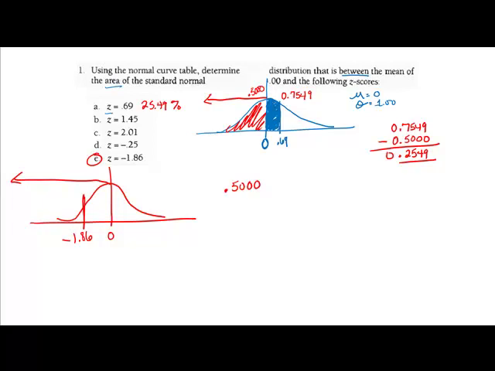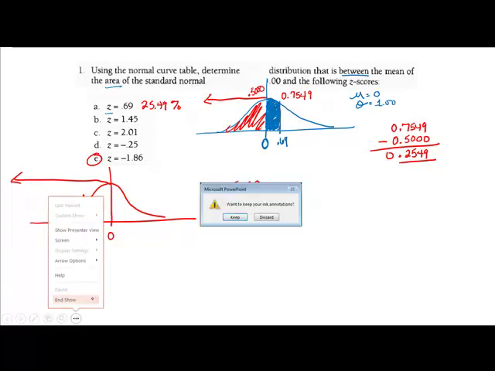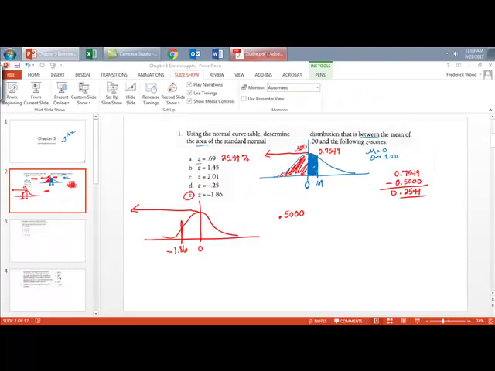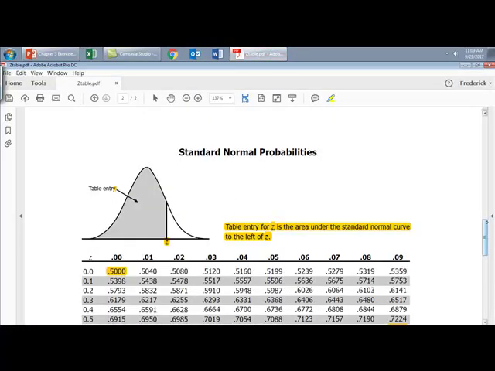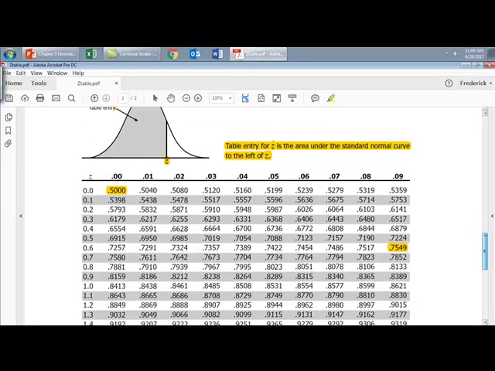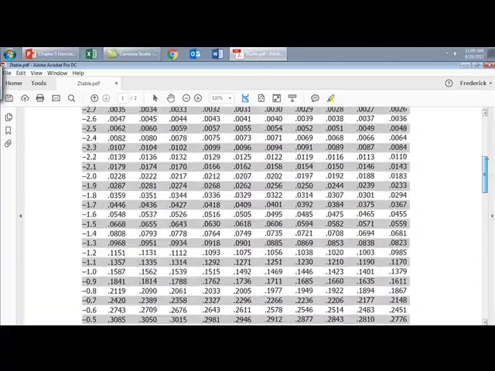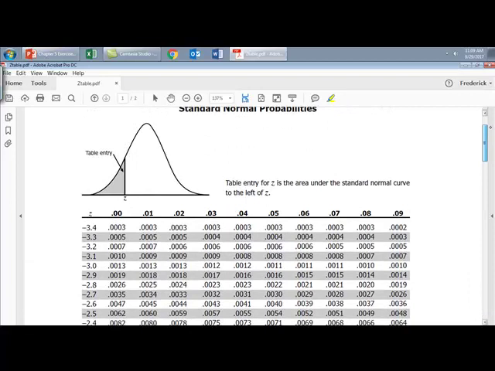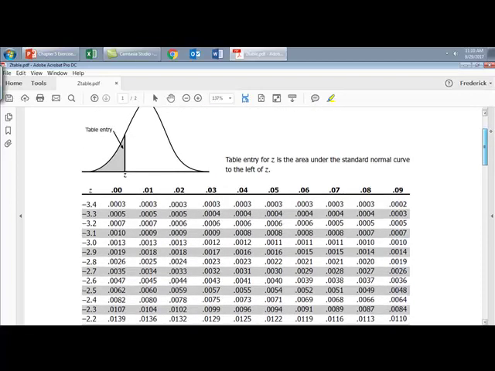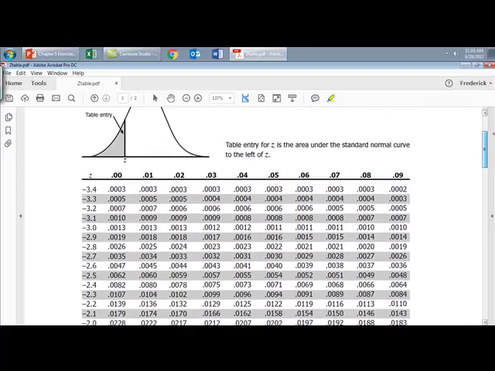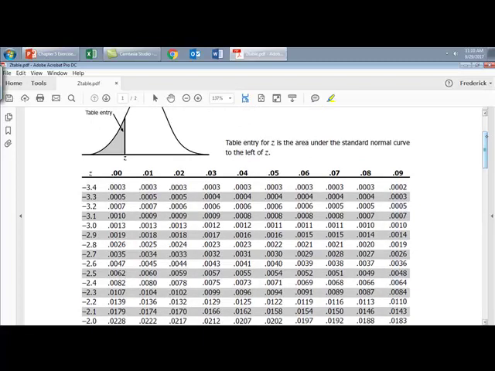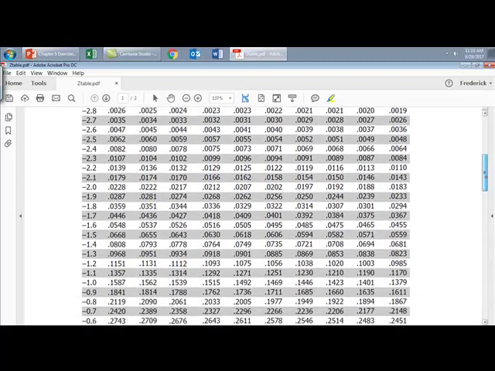And now I need to look up on the table a negative 1.86. So here's my standard normal table, z-score. These are all positives. Let's go to the other page. Here's my negatives. Now remember, I need negative 1.86, so it's going to be this column up here. Let's keep our eye on that one.